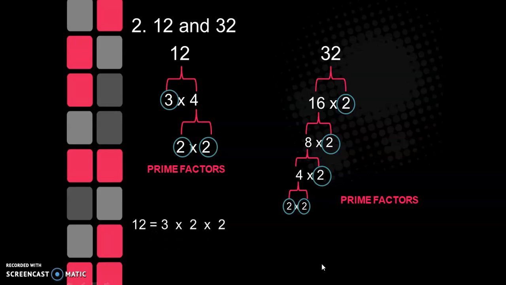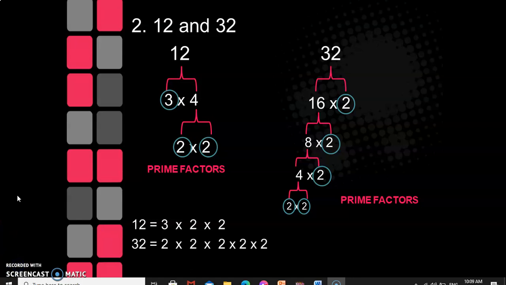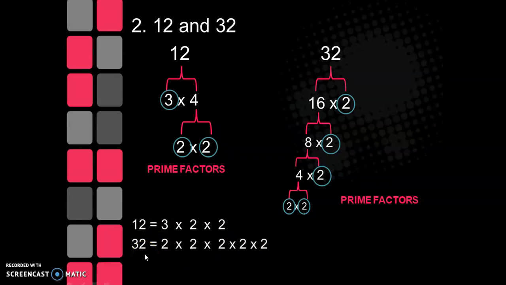The prime factors of 12 are 3 times 2 times 2, because if you multiply all of them, we get 12. For 32, the prime factors are 2 times 2 times 2 times 2 times 2, which gives 32. Now let's look for what is common. The common factor is 2. There should be a pair. If there is no pair, it is not included.